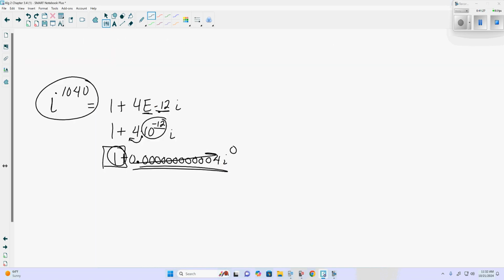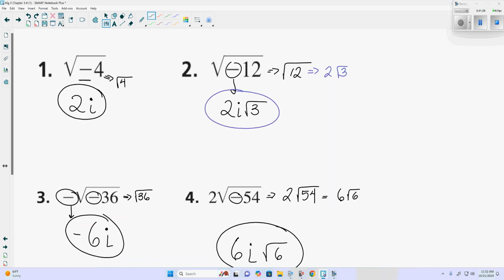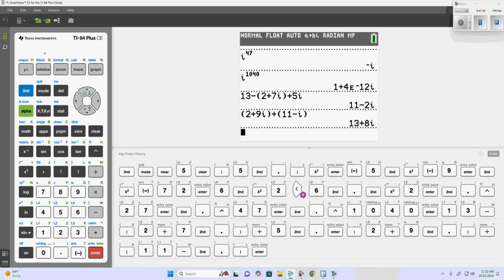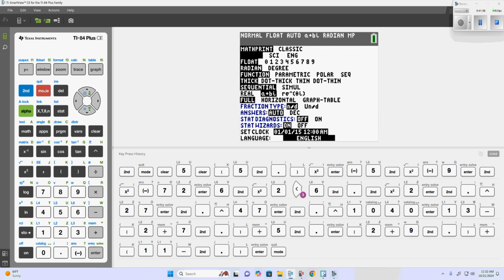Now, I'm going to go all the way back to the front. Most of these, when we type the radical in with the negative, there's one thing about the graphing calculator we have to make sure of, and we can look at this again tomorrow. Mode, down here where it says real and a plus bi. If it's set to real, it's going to be looking for real solutions.